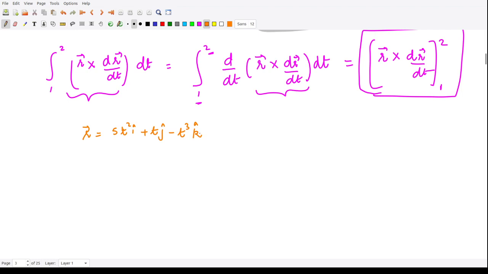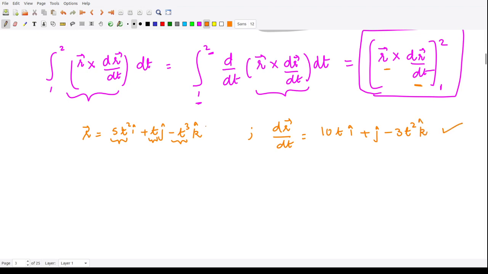So we are to compute first of all the derivative of this quantity, and then take the cross product of these two quantities. So what would be its derivative with respect to t? The derivative of 5t square would be 10t, so 10t i cap, the derivative of t would be equal to 1, so plus 1 j cap, and the derivative of minus t cube would be minus 3t square, so into k cap.